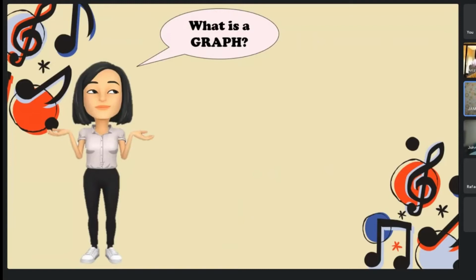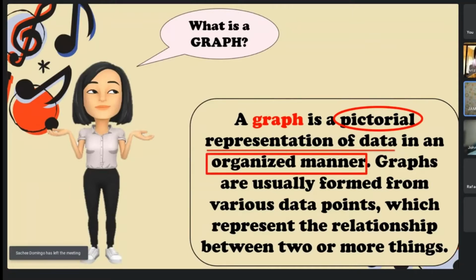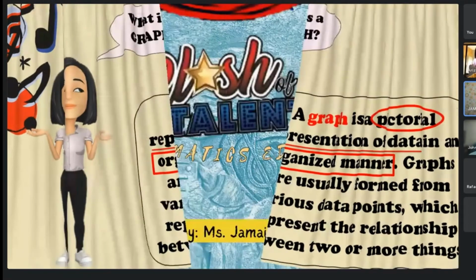But before identifying the different types of graph, let us first define graph. So what is a graph? A graph is a pictorial representation. When we say pictorial, it is an illustration or with pictures to represent a data in an organized manner. So graphs are usually formed from various data points which represent the relationship between 2 or more things.